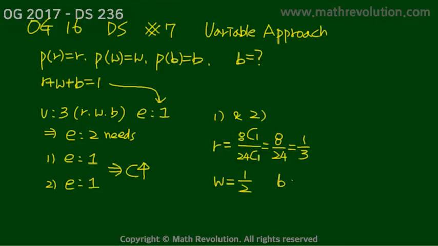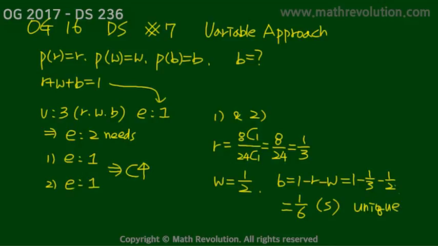So the probability of getting blue, which is B, equals 1 minus R minus W, which is 1 minus 1 over 3 minus 1 over 2. So the answer is 1 over 6. The conditions are sufficient, and this is because the answer is unique. Our correct answer choice becomes C.